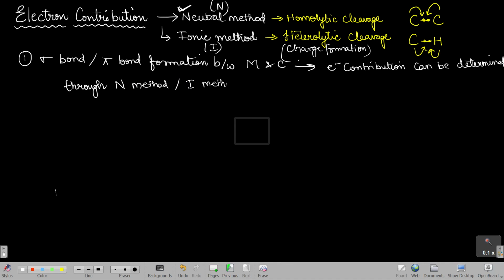Whenever you have a sigma or a pi bond, only this rule is applicable.